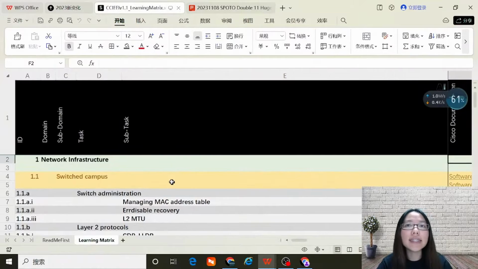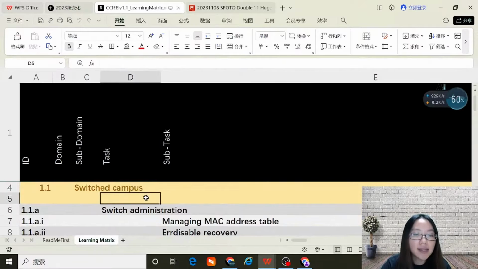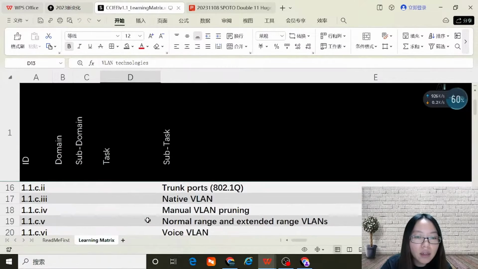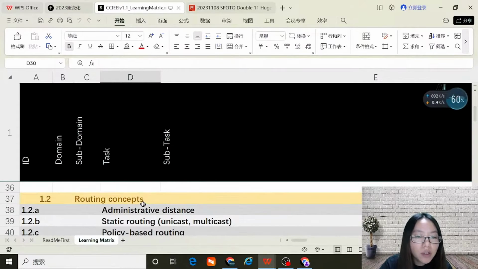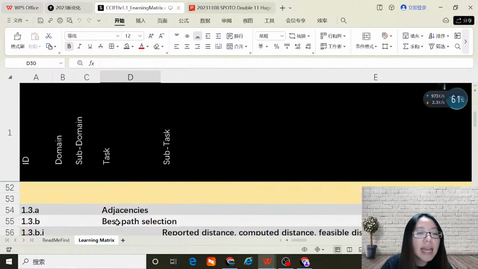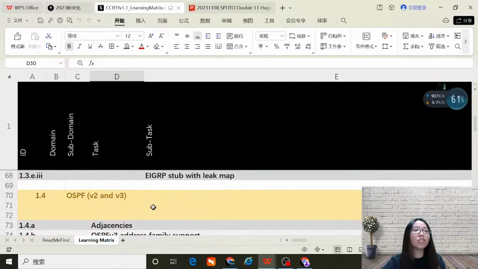This is our Cisco syllabus. So this is our routing and switching part: switch campus, layer 2 protocols, VLAN, EtherChannel, spanning tree, routing concepts, EIGRP, and OSPF version 2 and version 3.